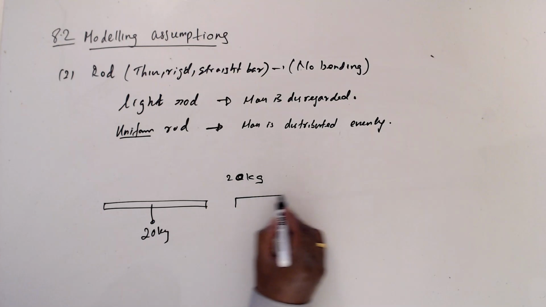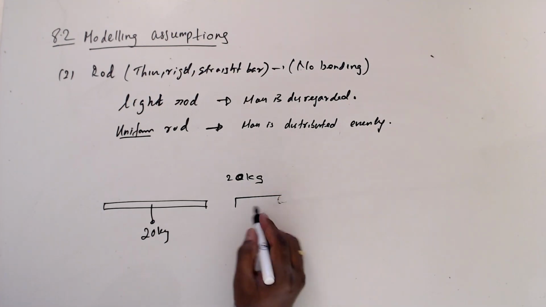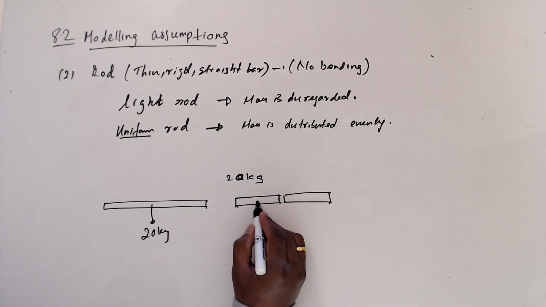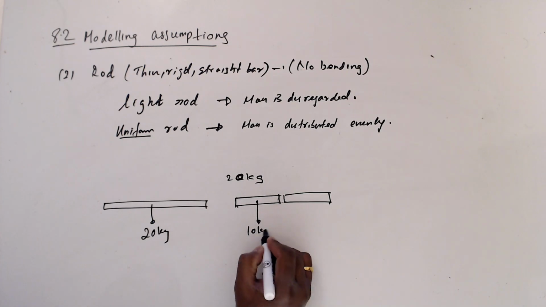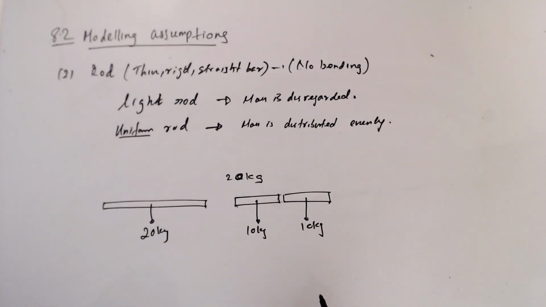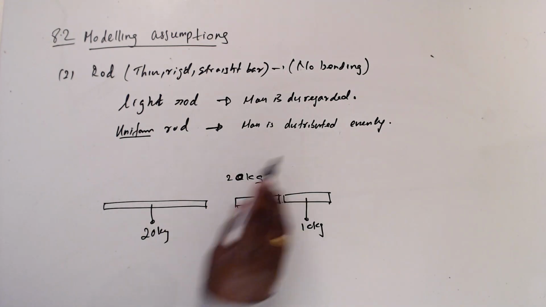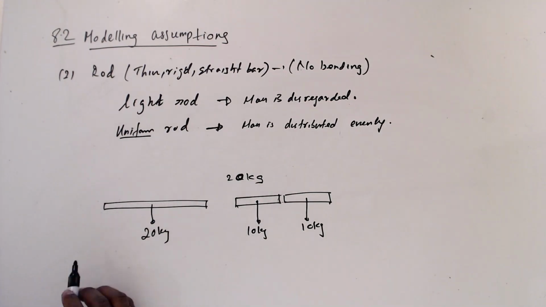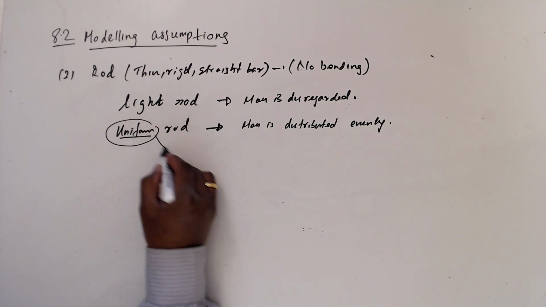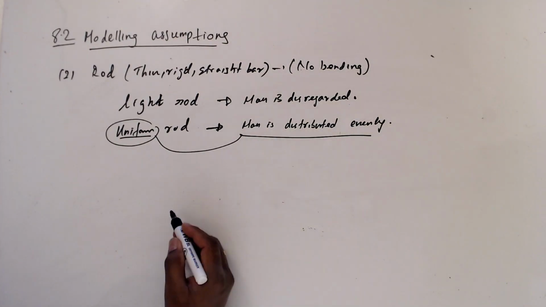Assume the same bar. If I break it into two equal pieces, then this piece is 10 kg and this piece is 10 kg, because the mass is distributed evenly across the bar. So the idea behind uniform is that the mass is distributed evenly.